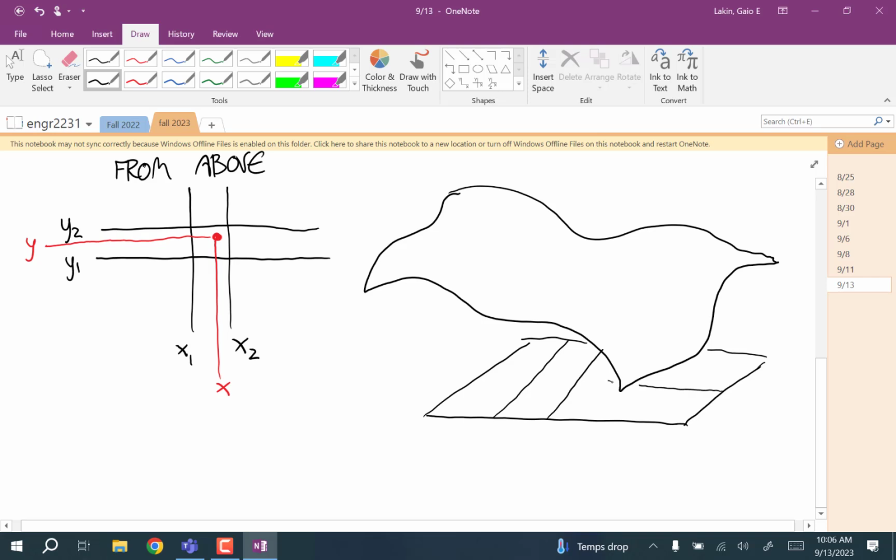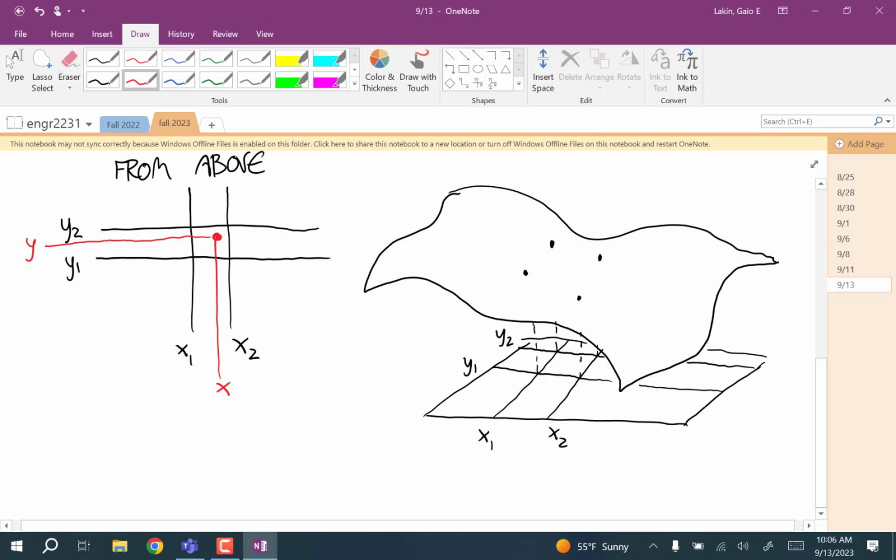Ooh, I can already tell this is coming out so good. Sometimes drawings go wrong right from the start. Okay, so this is x1, x2, y1, y2. And the approximation we're trying to come up with is, say, here.